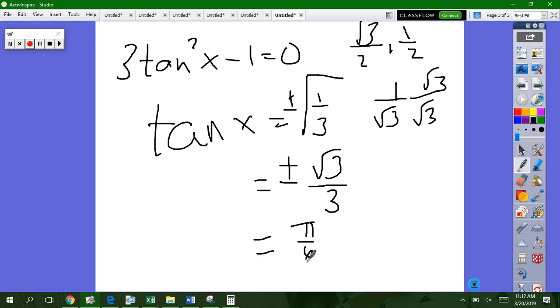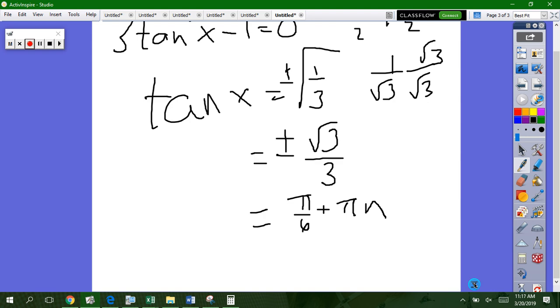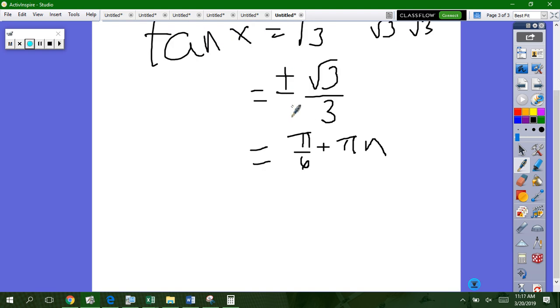Negative pi 6, but I don't want to write negative pi 6. 11 pi 6, but notice, can I get there just by adding what? It's actually not 11 pi 6. 7 pi 6. So if I just add pi, though, that will get me to 7 pi 6. But I also need, because it's plus or minus, I also need 5 pi 6. But then when I add pi to it, it'll get me to 11 pi 6. So therefore, because of the plus or minus, does everybody understand the plus or minus added me another solution? So this is, once again, I need to have n belongs to the integers.